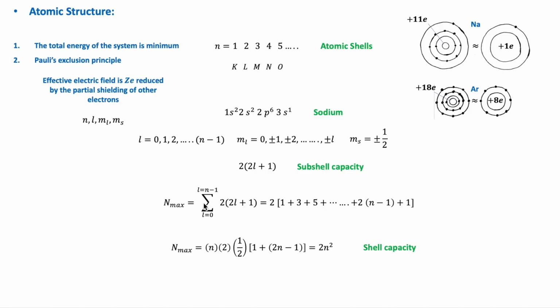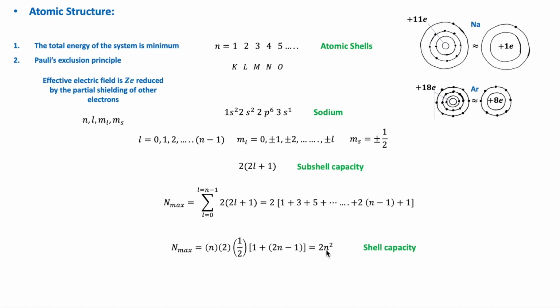The sum is over the number of subshells, and this is the number of electrons in each subshell. The quantity in the brackets has n terms and an average value of half times (1 plus 2n minus 1). And so the number of electrons in a filled shell is equal to 2n squared.